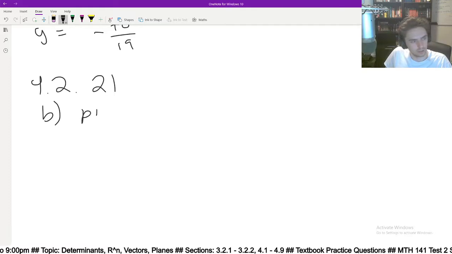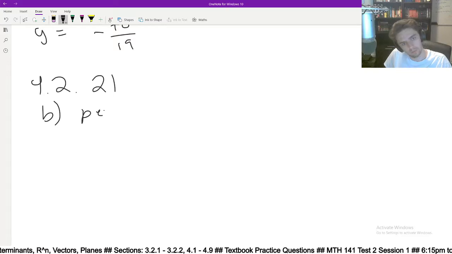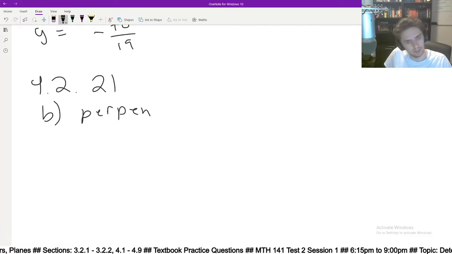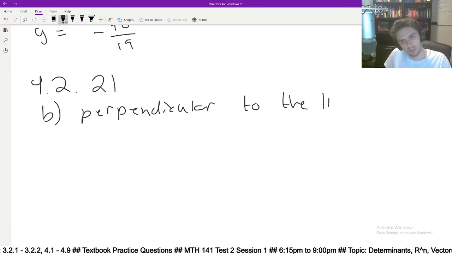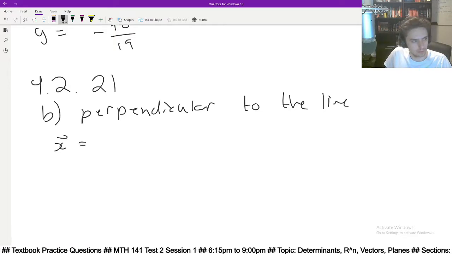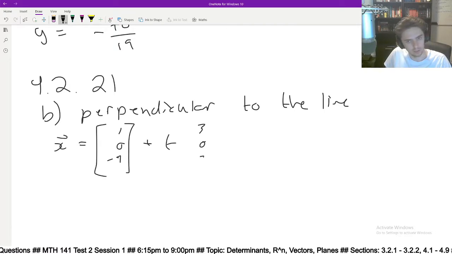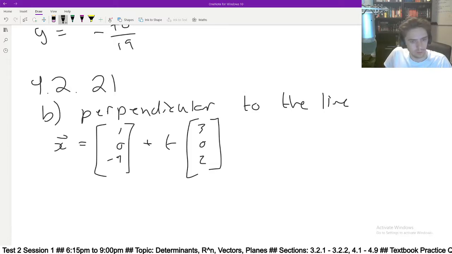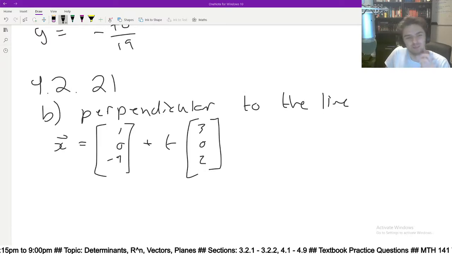The first condition is perpendicular to the line x equals (1, 0, -1) plus t(3, 0, 2). To do this, I might look at my old solution for a second.